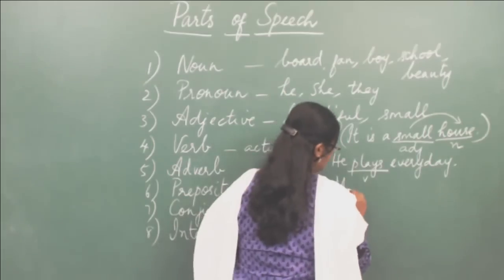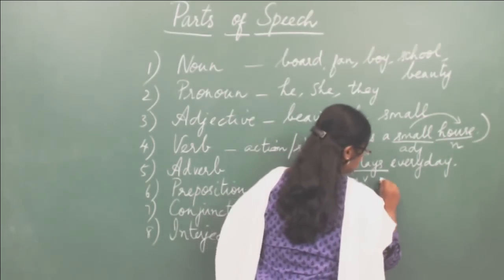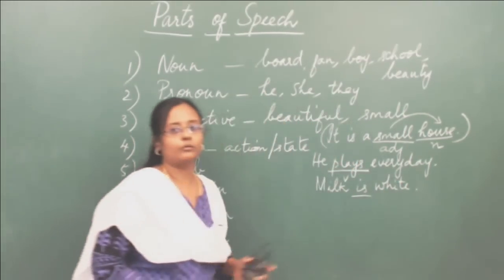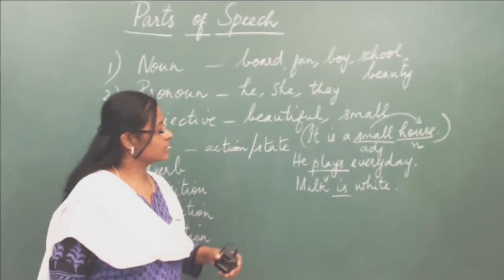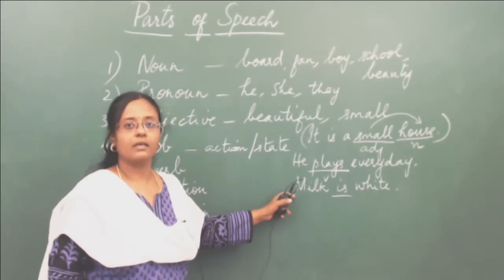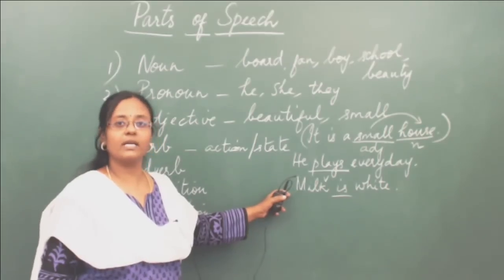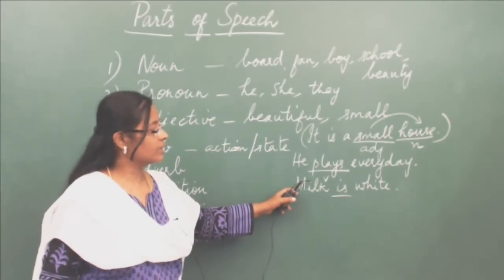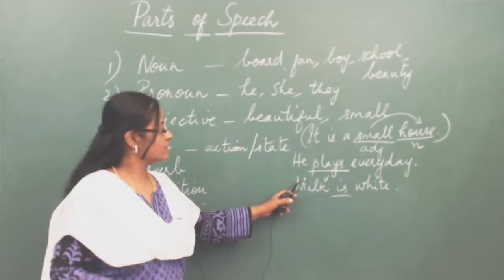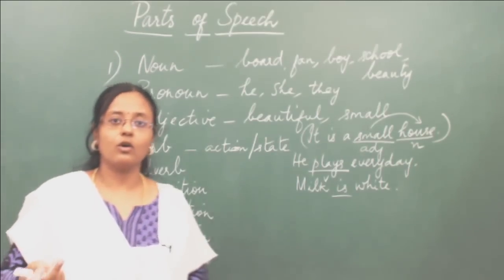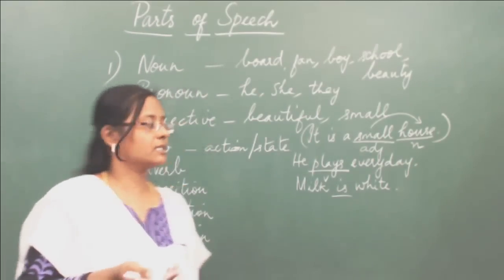But if we say milk is white, do you find any action taking place here? No. Sugar is sweet. She is kind. They are beautiful. So in these sentences, you don't find any actions taking place, but they only express the state. So a verb does both these things. It expresses an action or expresses a state.